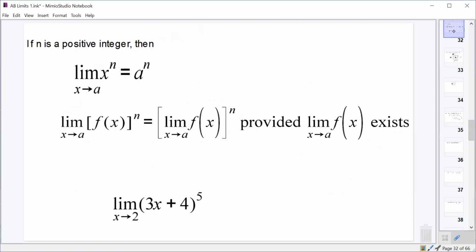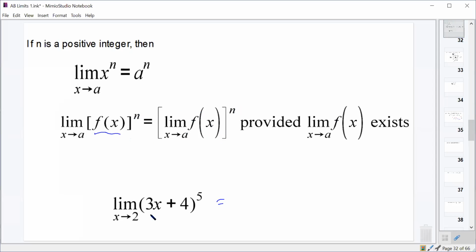All right. Next little set of rules is that if you have a function being raised to a power within a limit, you can pull the power completely outside of the limit and apply it after you evaluate the limit of the function.